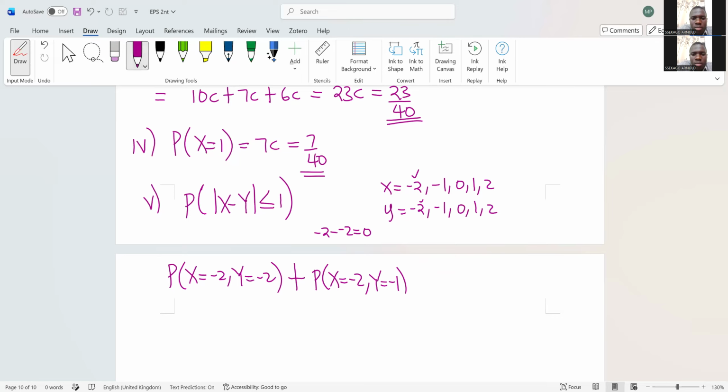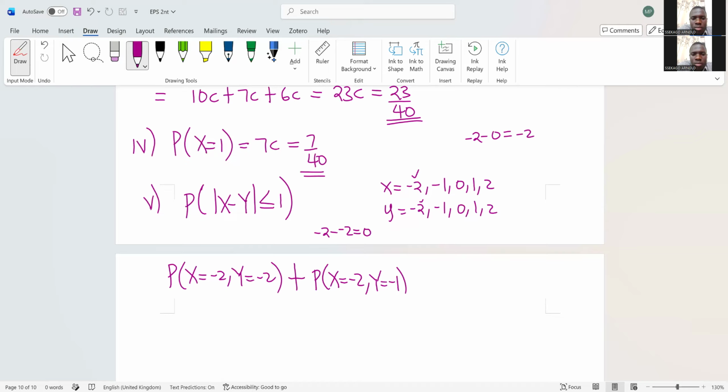I continue. I'm still on -2. So I have x equals -2 minus 0. -2 minus 0, I get -2, and the absolute value of -2 is 2. So you see now that does not satisfy.